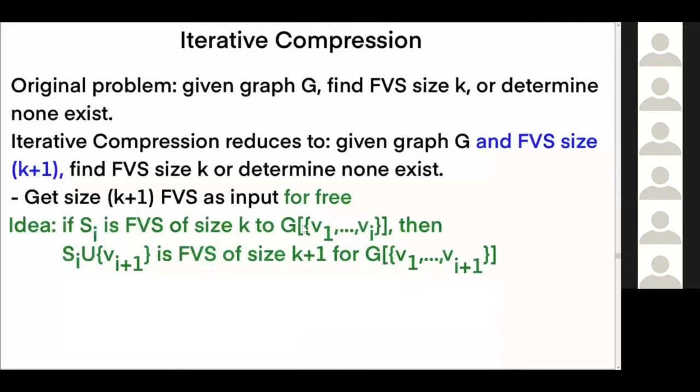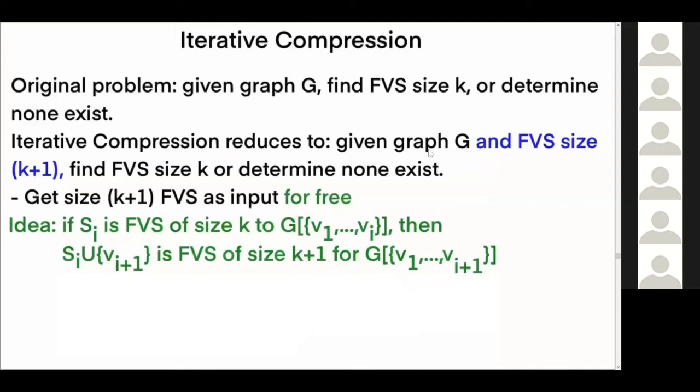If S_i is an FVS of the first i vertices, then by trivially adding the new vertex v_{i+1}, this becomes an FVS of the new graph, and the size increases by 1. So suppose we know inductively that we have an FVS of size k in the graph on the first i vertices. Then we automatically obtain for free an FVS of size k+1 for the first i+1 vertices.